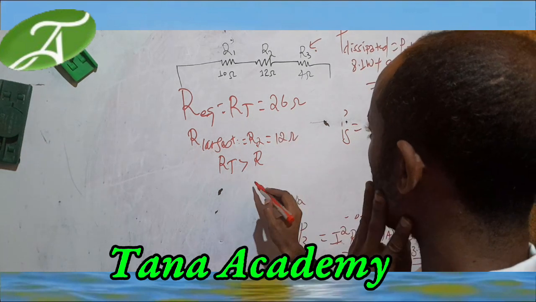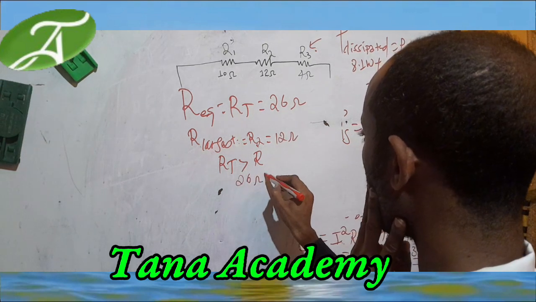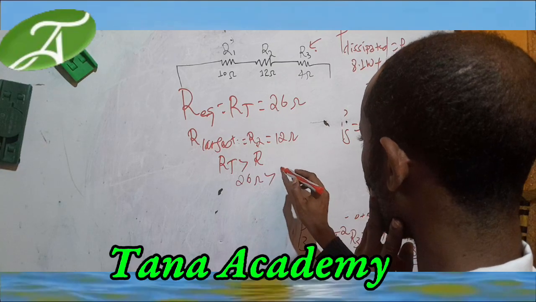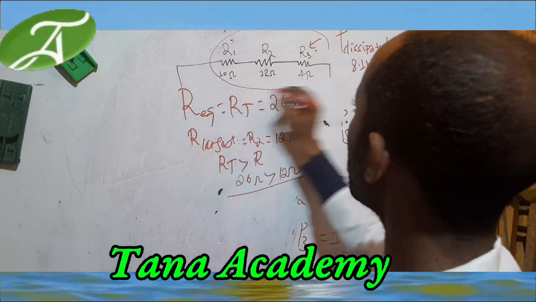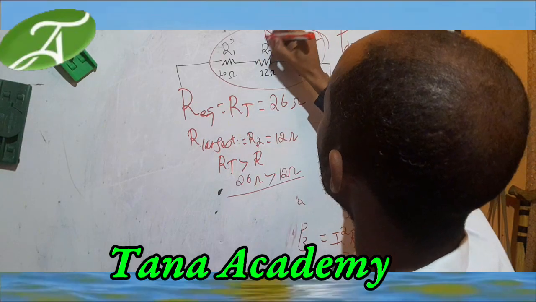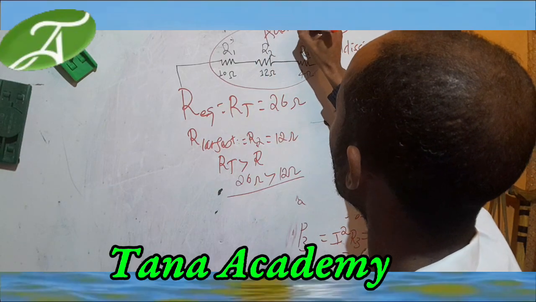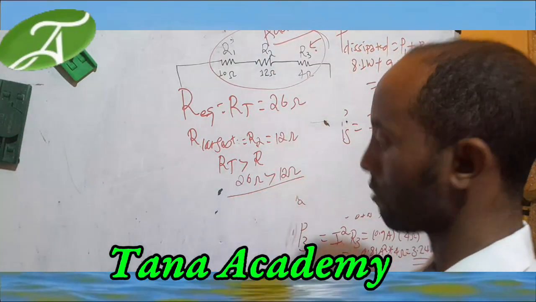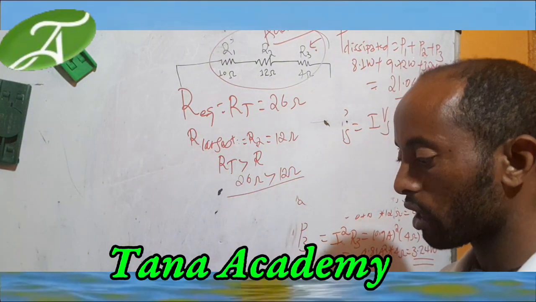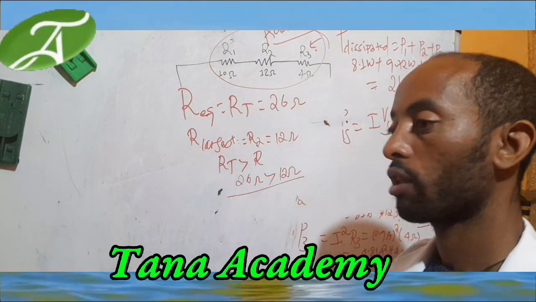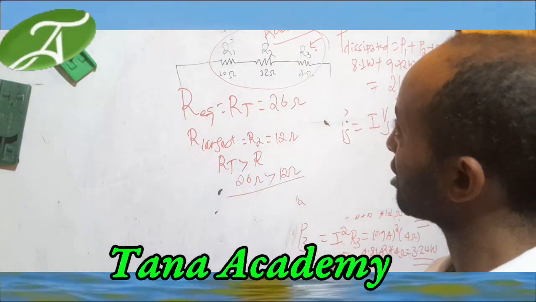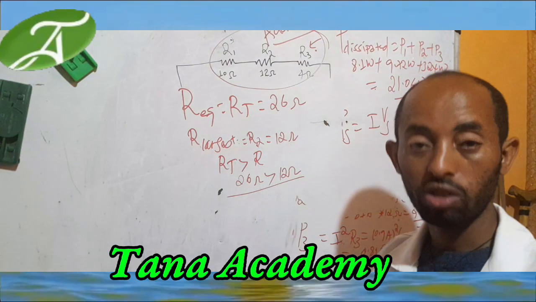Therefore, R total is 26 ohm, greater than 12 ohm, because resistance in a series circuit is additive. Therefore, equivalent resistance is always greater than the largest resistor among resistors connected in series.